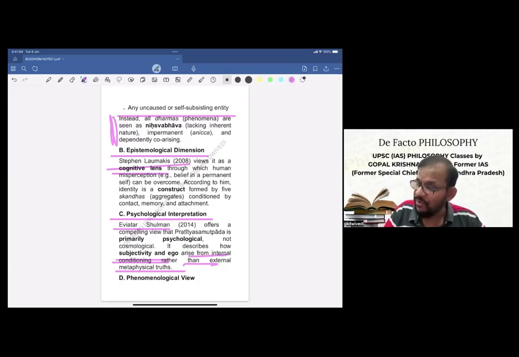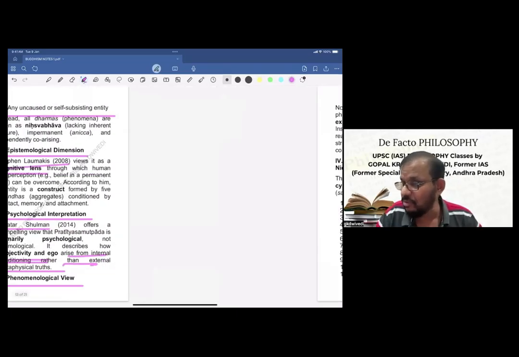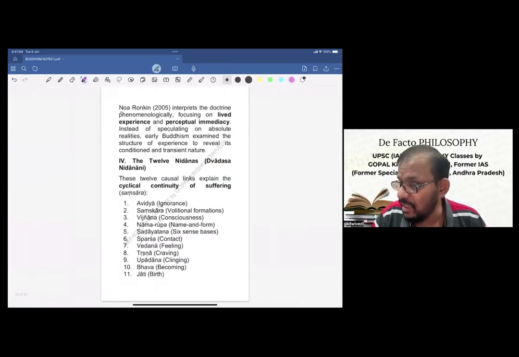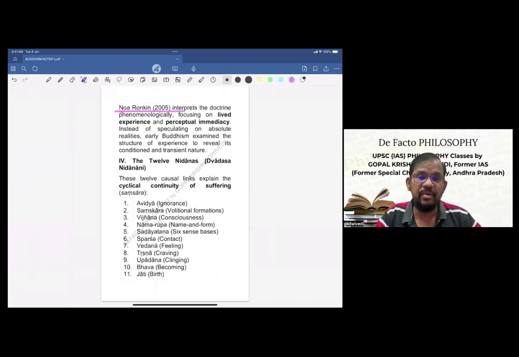Then another view, the phenomenological view. Let us see what the phenomenological view of Pratyut Samutpad is. Another 21st century philosopher, Noah Ronkin, interprets the doctrine phenomenologically, focusing on lived experience and perceptual immediacy. So this is an interpretation applying phenomenology.